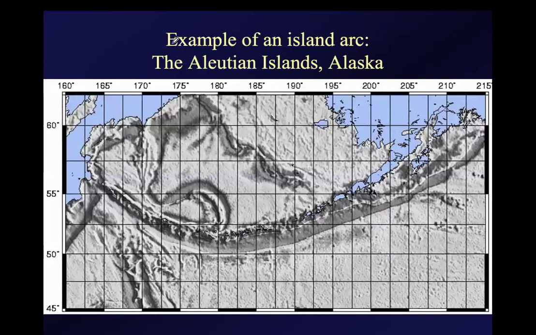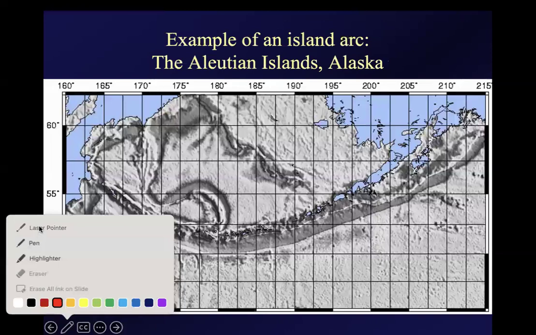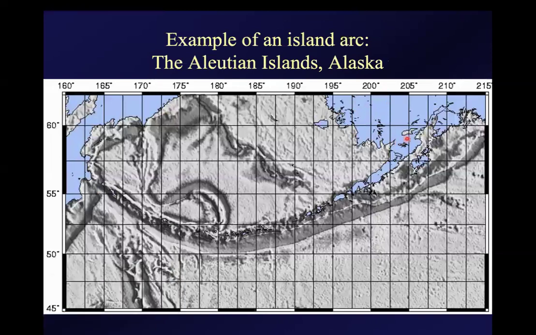A really beautiful one is the Aleutian Islands. This is Alaska. Let me go back to laser pointer. Right up here, this is the Russian Far East. This bit down here is called the Kamchatka Peninsula. And this chain of islands right there is the Aleutians.